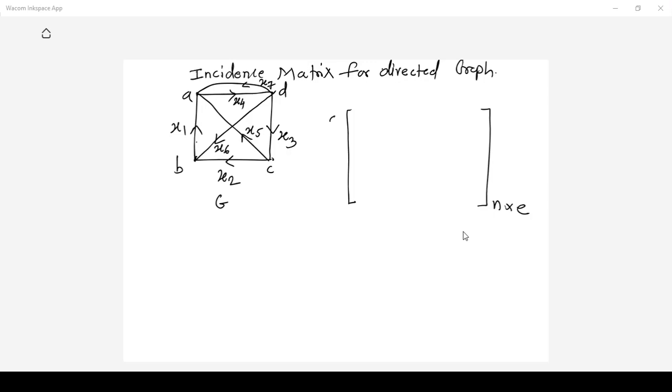So you have four vertices A, B, C and D, and you have seven edges x1, x2, x3, x4, x5, x6 and x7. Now this matrix we need to fill up with values. So we can have values either plus 1 or minus 1 or 0.